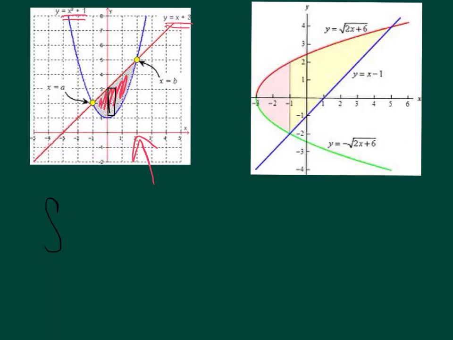Since the width of my rectangles would be a change in x, that's going to be dx. We'd integrate from point A to point B, which in this case starts at -1 and ends at 2. Then I would do my top function, because this is going to be the length of my rectangles, and that would be x plus 3, minus my bottom function, which would be x squared plus 1. And then we'd integrate dx.